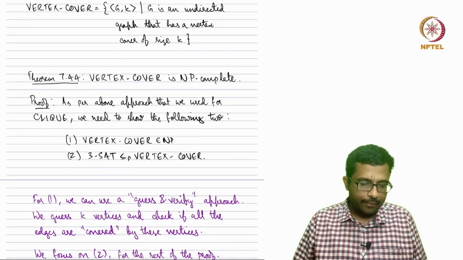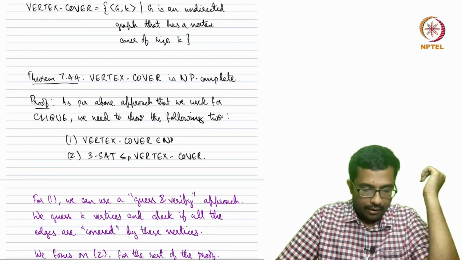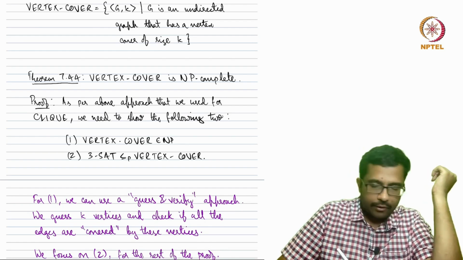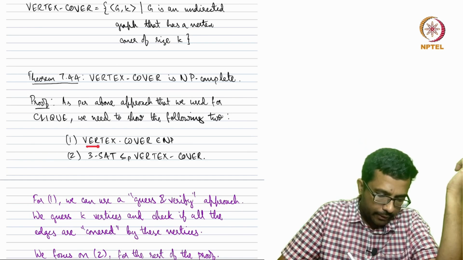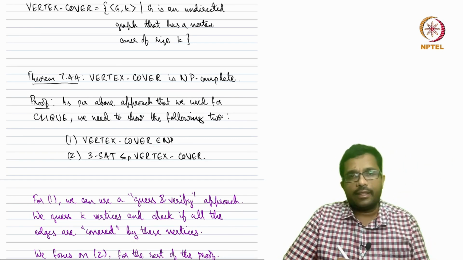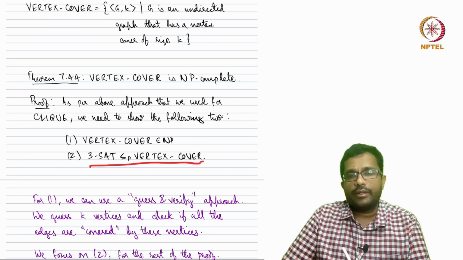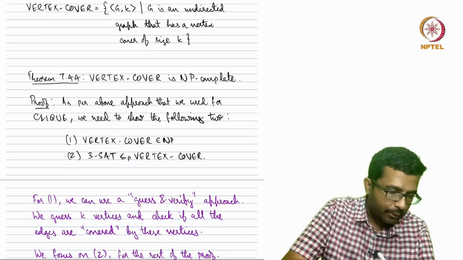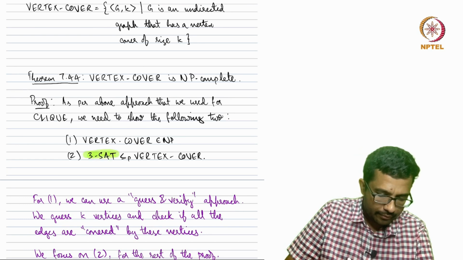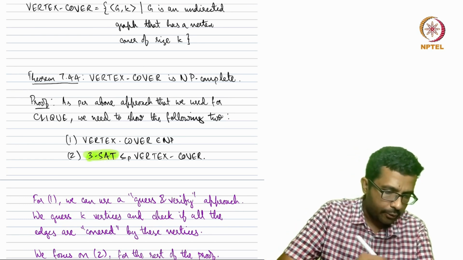We are going to follow a similar approach to the one we did for CLIQUE. We'll show that vertex cover is in NP, and then we'll show that a known NP complete language reduces to vertex cover. The known NP complete language is going to be 3SAT. In the book it is theorem 7.44.